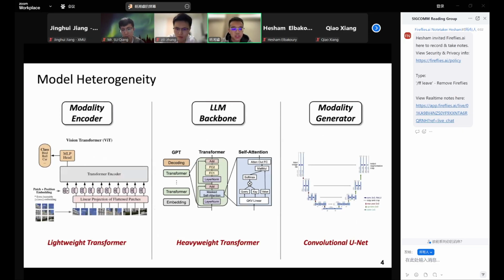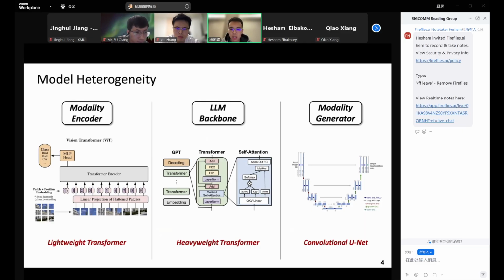However, training such multimodal LLMs suffers from two problems: model and data heterogeneity. First, we will introduce the model heterogeneity and how it affects training efficiency. Multimodal LLM is a composite of fundamentally different architectures. For instance, the modality encoder, often a ViT, is a relatively lightweight transformer with a small hidden dimension.